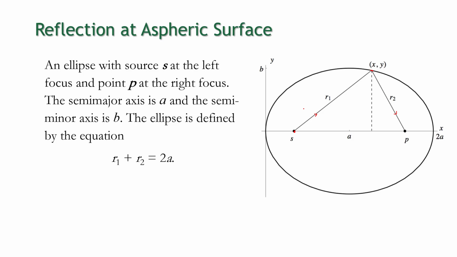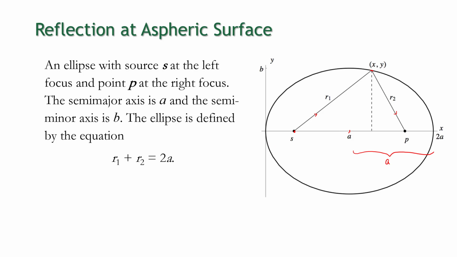And the property of the ellipse is that the distance of any point from one focus plus the distance of that point from the other focus is always equal to 2 times the semi-major axis.